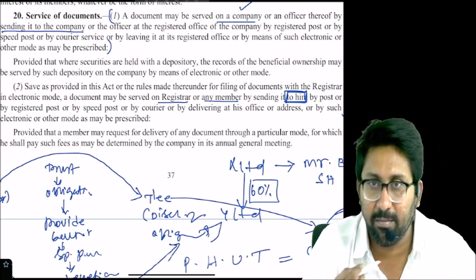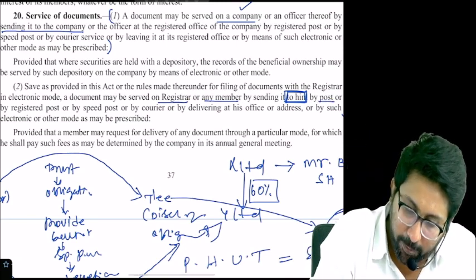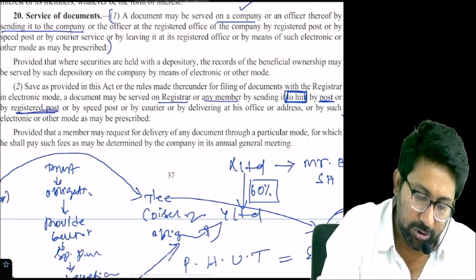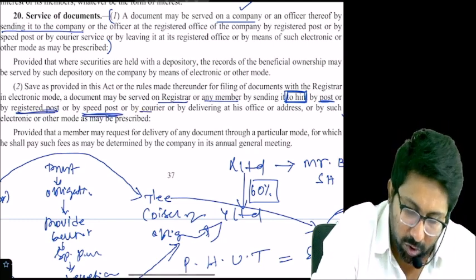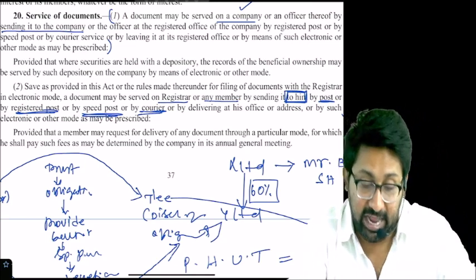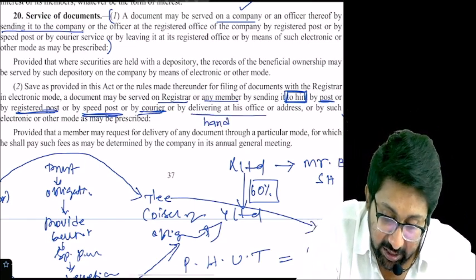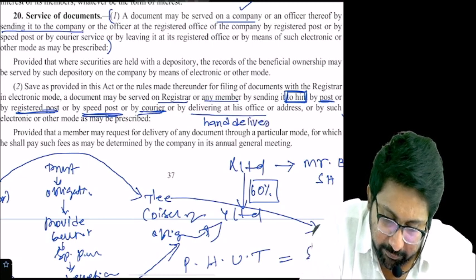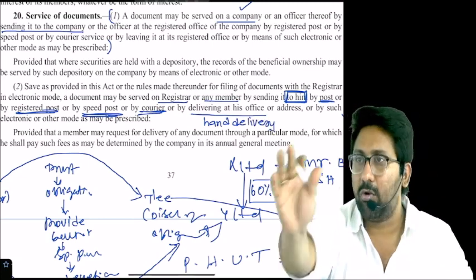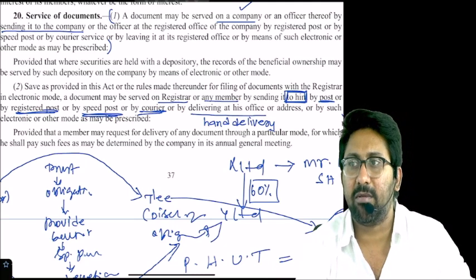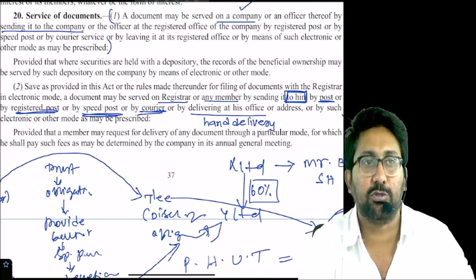ROC or a member. Continue. By post, registered post, speed post, courier, or delivering at his office is called what? Hand delivery. Directly go to the office and give him. Directly go to the member and give him. That's called hand delivery. Zomato order type.